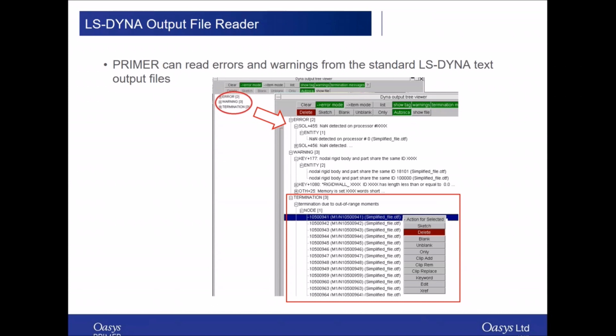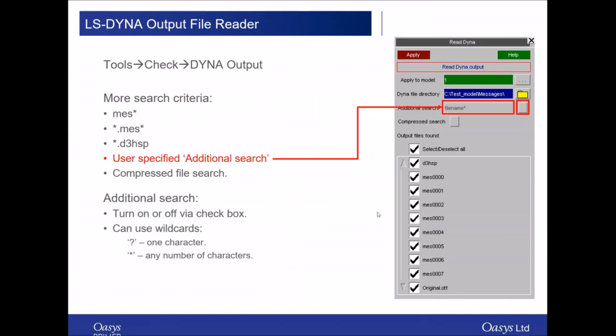And it mines out information on the entities referenced by those errors and warnings. What it means is that you can directly sketch or blank all but the entities that are referenced. You can easily see where they are. So it's a very quick way of investigating those errors and warnings. Here we've got an example where we've got termination due to out of range moments, and these are nodes that are referenced in that error message, and you can directly access those nodes from within this panel.